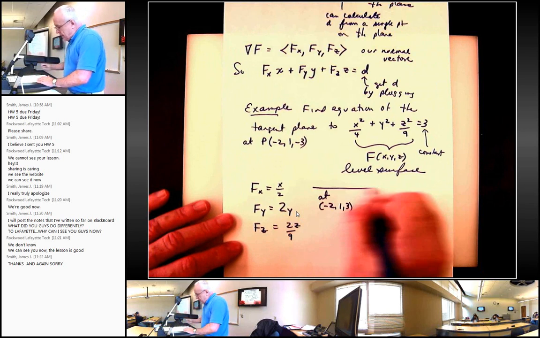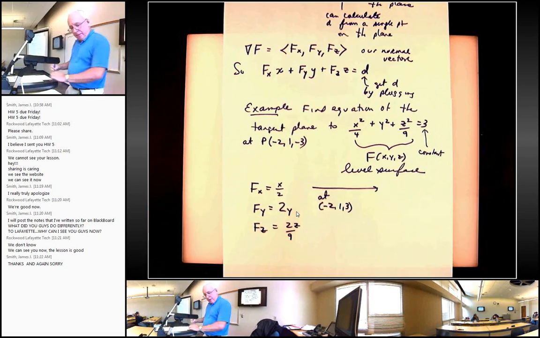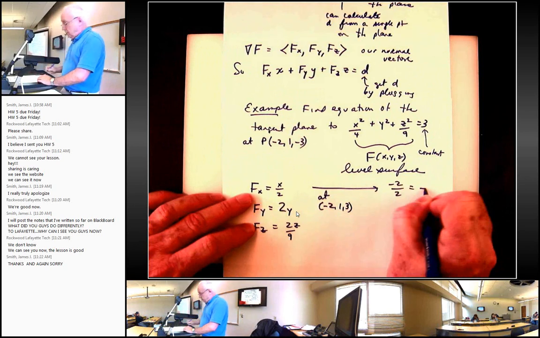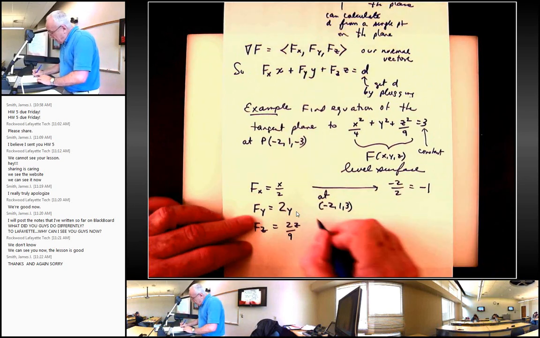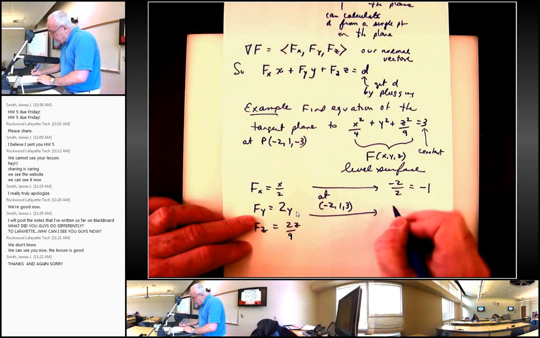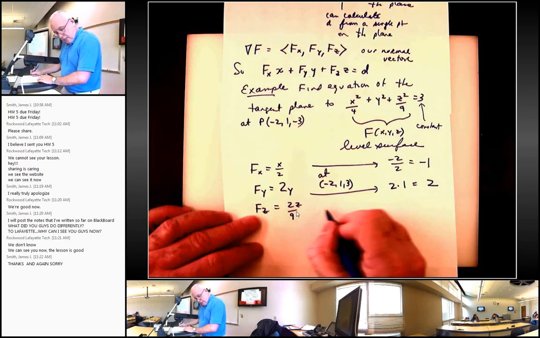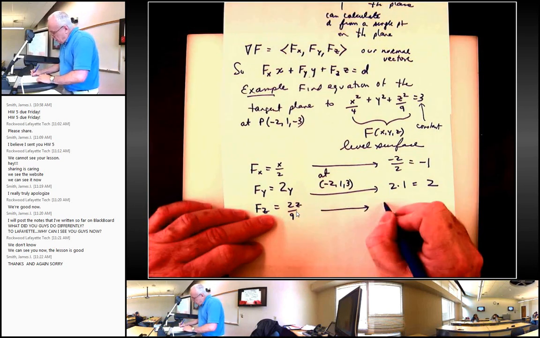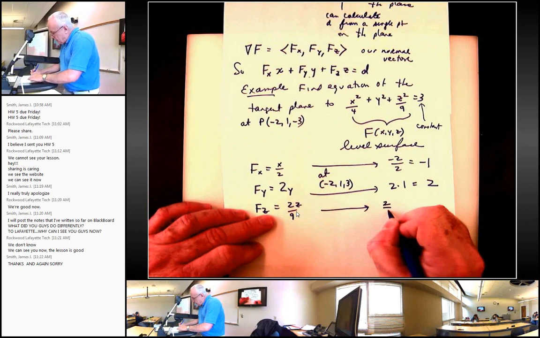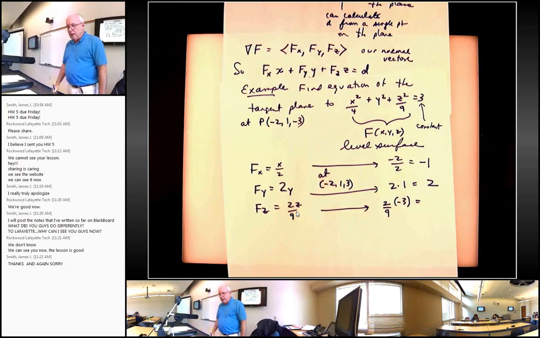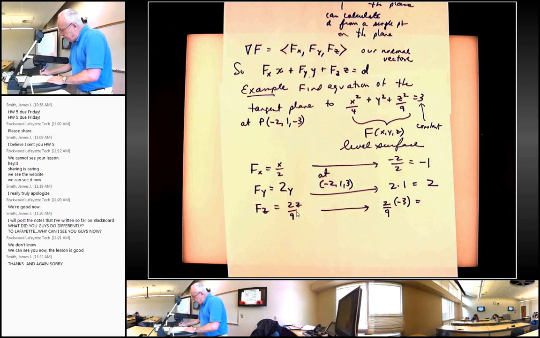We're going to get that capital Fx is going to be minus 2 over 2, which is minus 1. Capital Fy is going to be 2 times 1, which is 2. And Fz is going to be what? 2 ninths times minus 3. And that's going to be minus 2/3 when we simplify it.